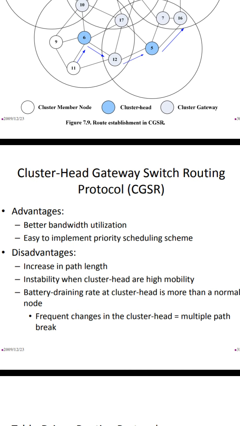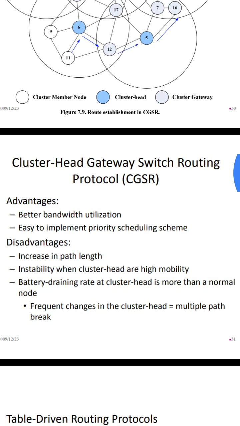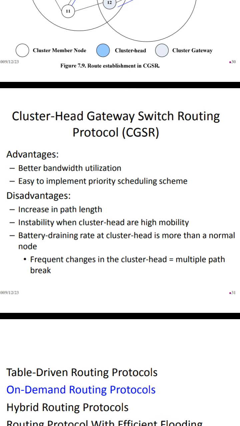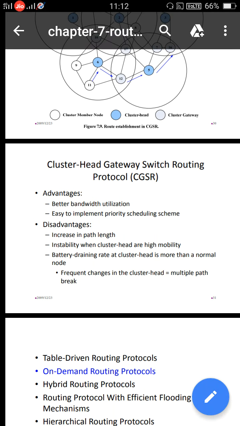The cluster head can utilize more power than the normal nodes, and that is a disadvantage of the cluster head gateway switch routing protocol. So these are the advantages and disadvantages of CGSR. This is a table-driven routing protocol.